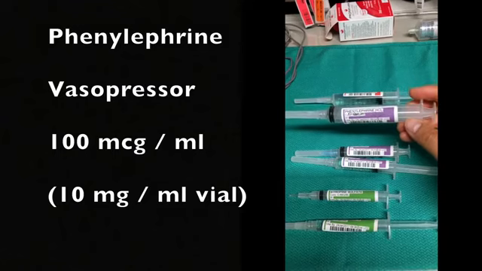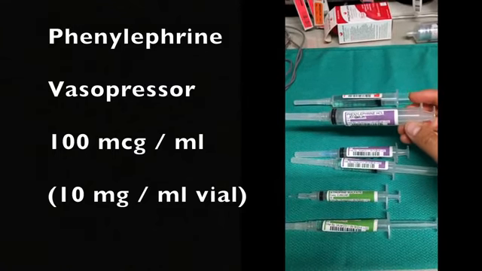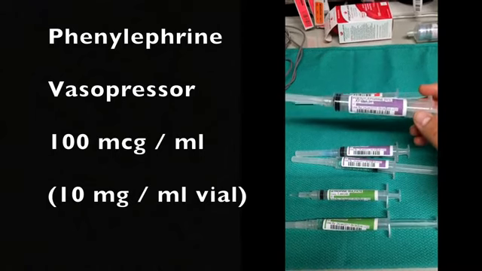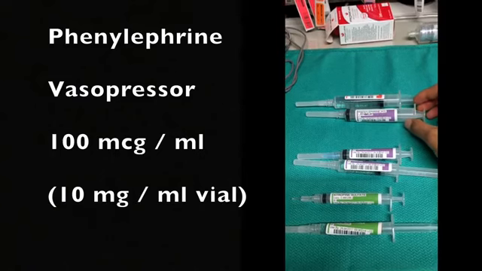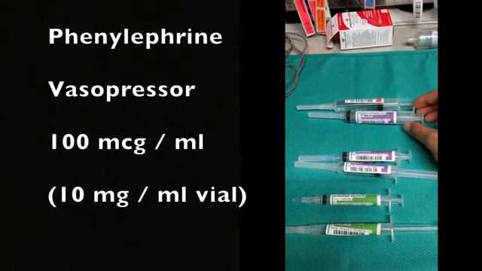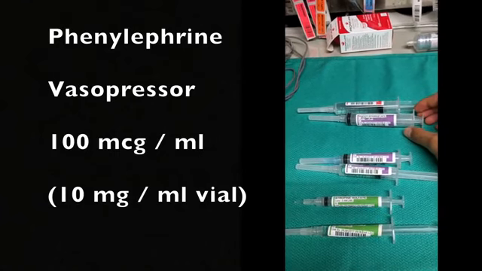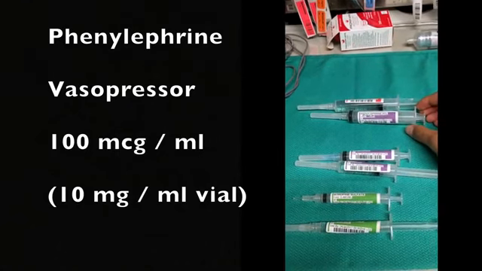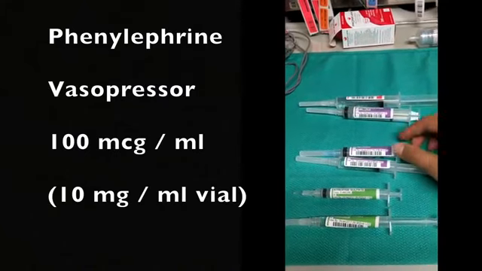It usually comes in a 10 milligram a ml vial, and in order to dilute it to the concentration we need, we usually put the 10 milligrams in a 100 milliliter bag of NS, and then if you take 1 mil from that bag, it will equal 100 mics. So that's one way you can dilute that.